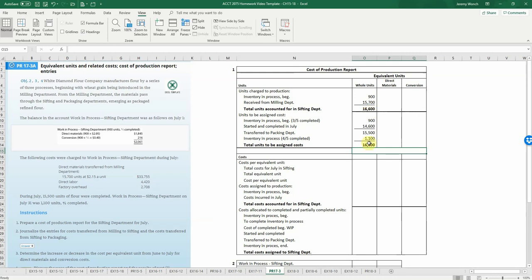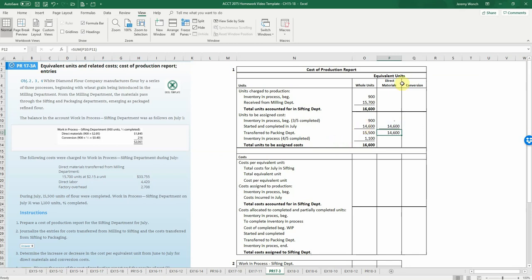Then let's break that out between the direct materials and conversion cost. For the direct materials, the beginning inventory had already been added the prior month, so that's going to be 0. And started and completed, that's going to be 14,600, which gives us transfer to the packing department, 14,600.